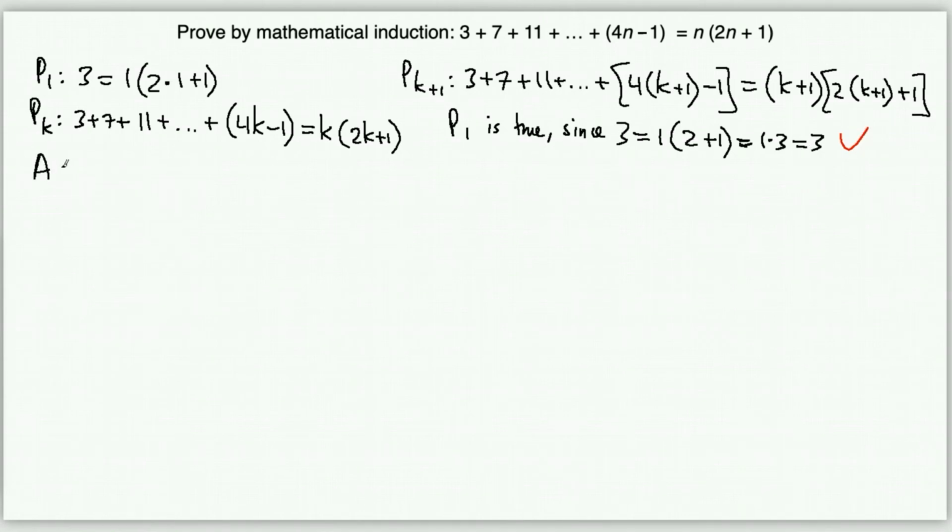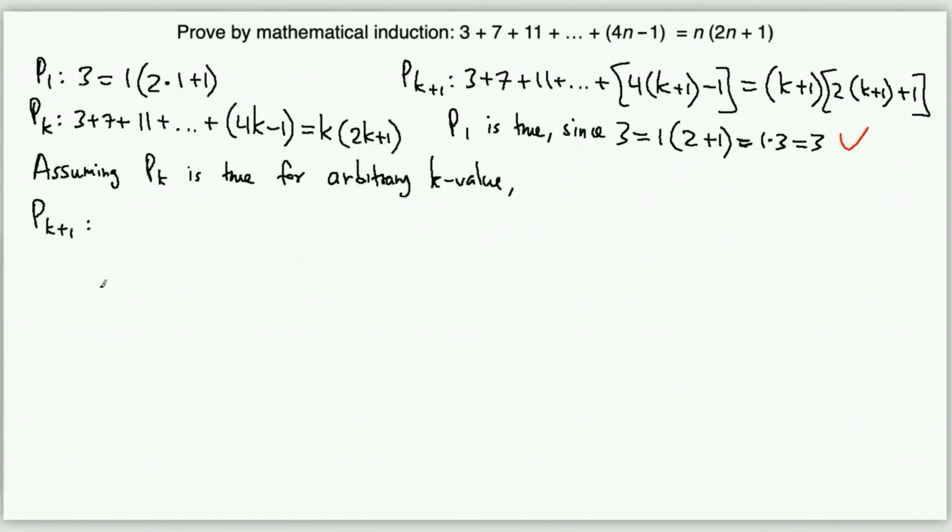Now, assuming the Pk statement is true for arbitrary k value, we will have as a result the Pk plus 1 statement written like this: 3 plus 7 plus 11 plus all the way plus 4k minus 1.